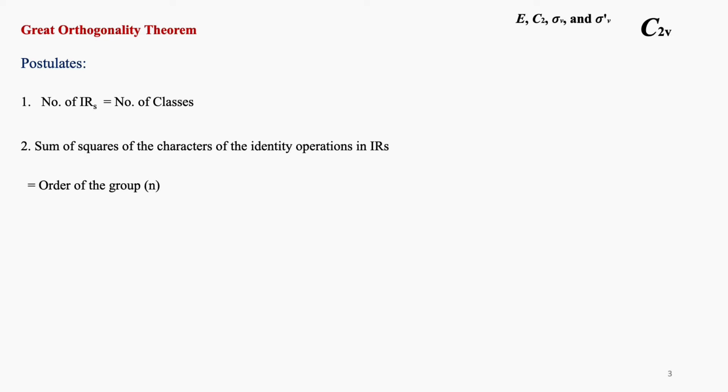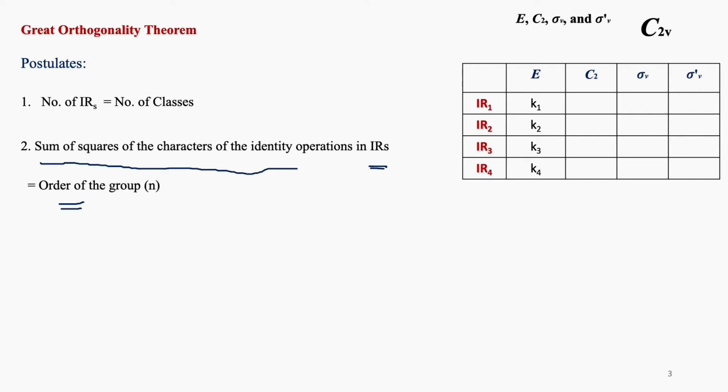which states that the sum of squares of the characters of the identity operation in the irreducible representations is equal to the order of the group, n. Let's say the identity operation E has the characters K1, K2, K3 and K4.